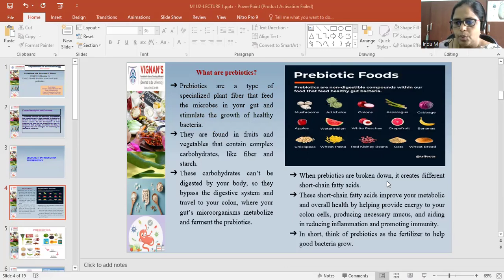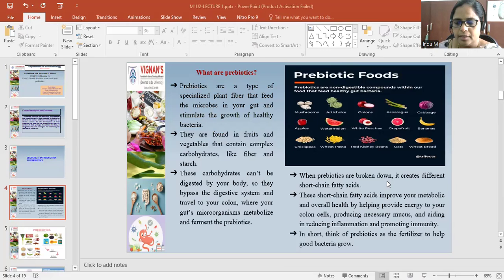When prebiotics are broken down, they create different short chain fatty acids. These short chain fatty acids improve your metabolic and overall health and provide energy to your colon cells, produce necessary mucus, and reduce the inflammation and promote the immunity.